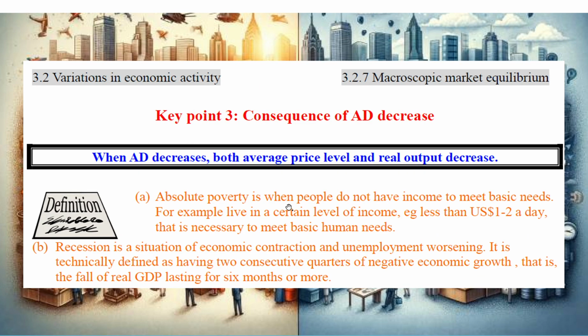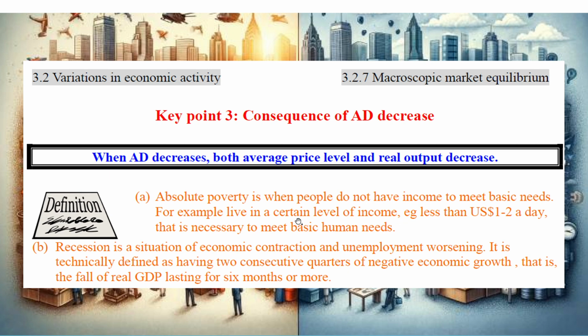Well done. Consequence of AD decreases. We talk about consequence. Okay? When AD decreases, both the aggregate price level and the real output decrease. Yes, I know, but what's the consequence? Poverty increases. Unemployment worsens. Okay? Absolute poverty is when people do not have income to meet the basic needs. In a poor developing country, even just US $1 or $2 is enough for them.